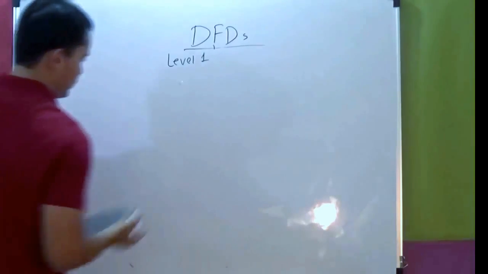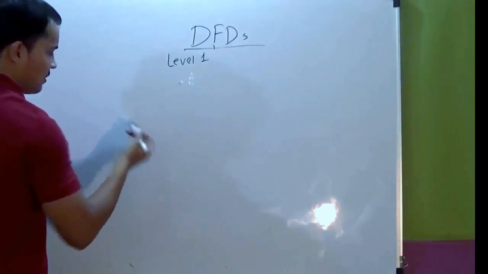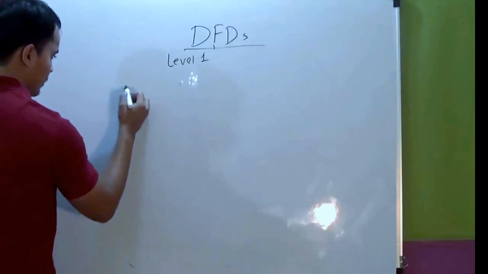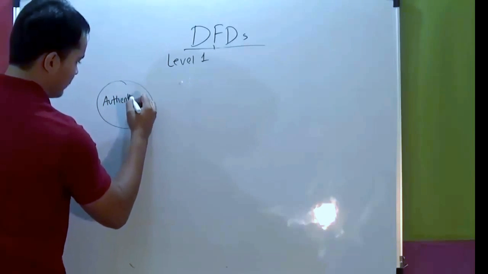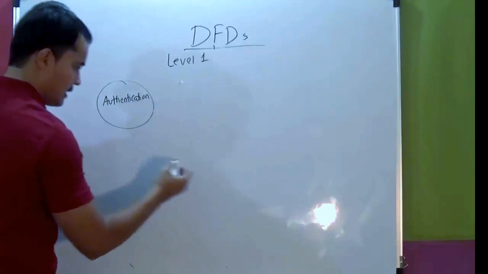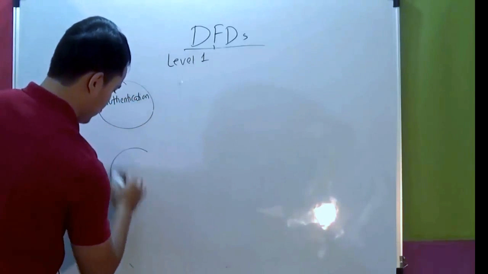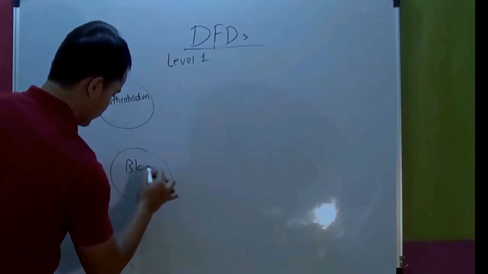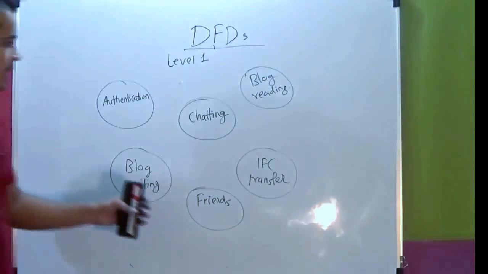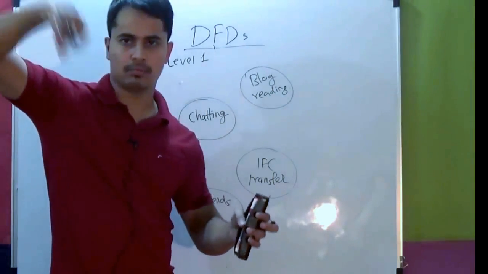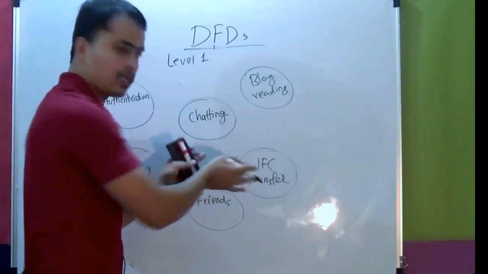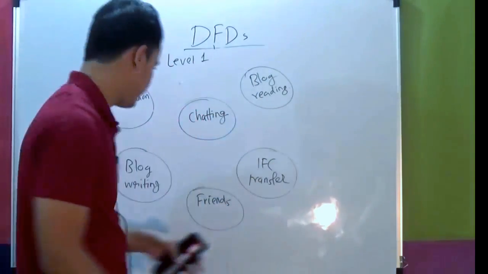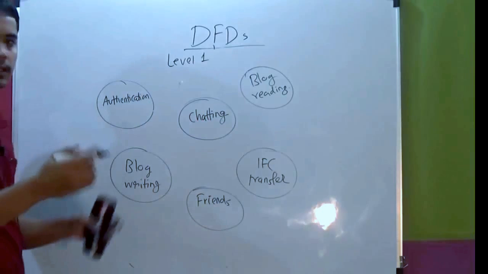So for level 1, which use cases shall we take? Blogging. Okay, so first authentication. Then you could say blog writing. Now our main B2 process in the level 0 diagram has been decomposed into these sub-processes. Now what about external entities?